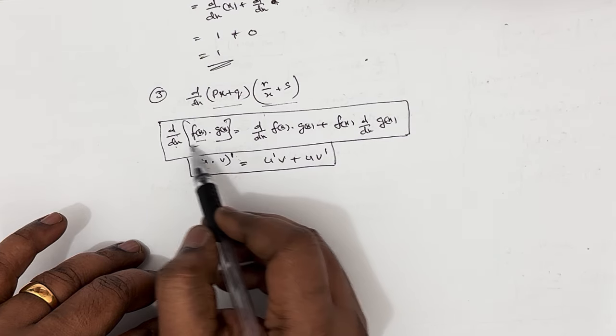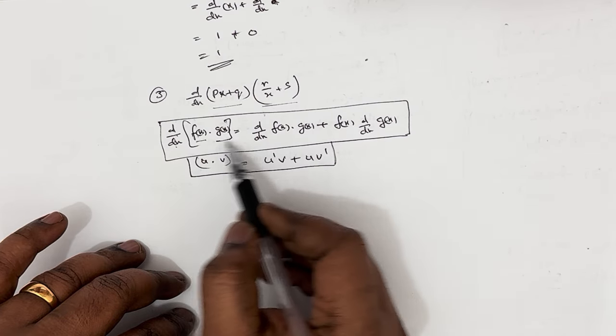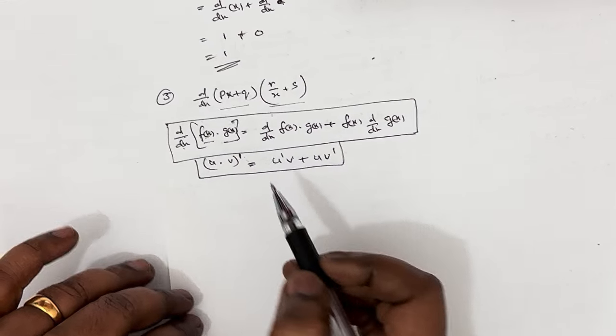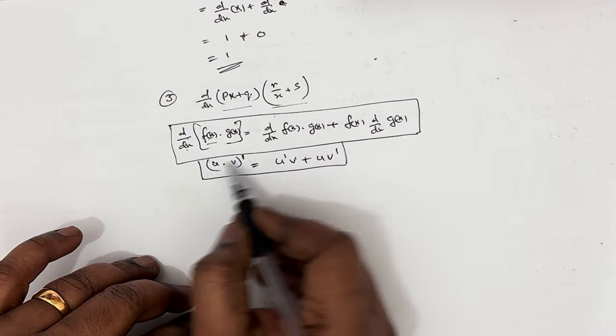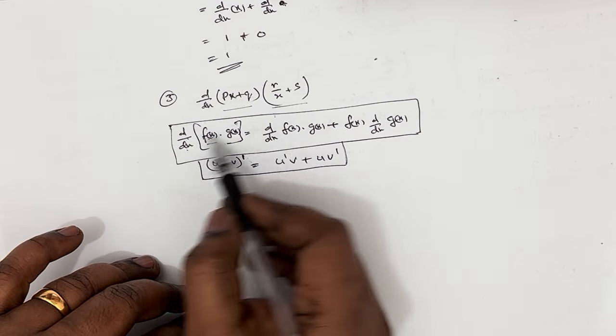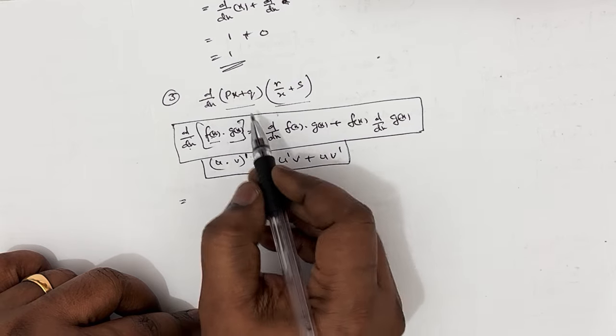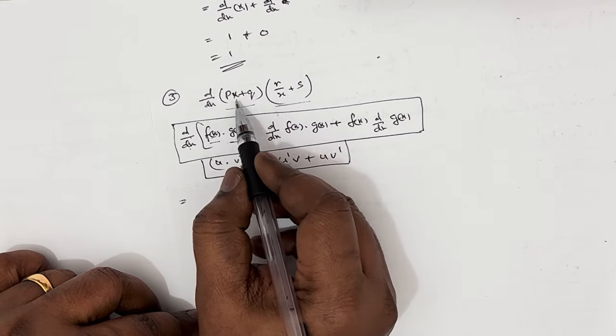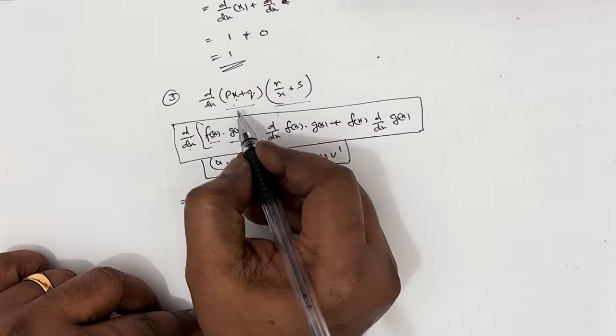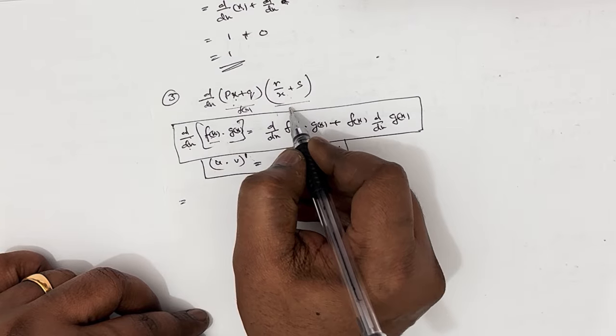So now let's use this and solve it. Earlier we have done it using the other one, now let's use this one. So d by dx of the two functions, the first function and the second function, or f of x and g of x.